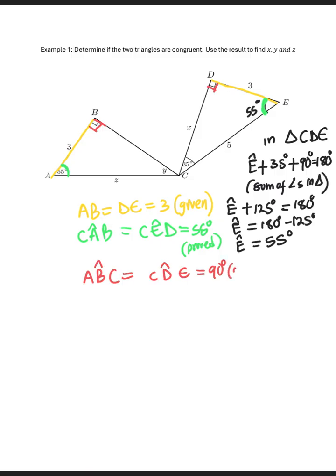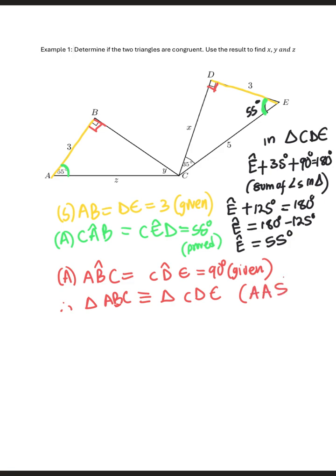Then this one is given. So in this situation, we now have side, angle, angle. Therefore, we can conclude that triangle ABC is congruent to triangle CDE, and the reason will be angle, angle, side.